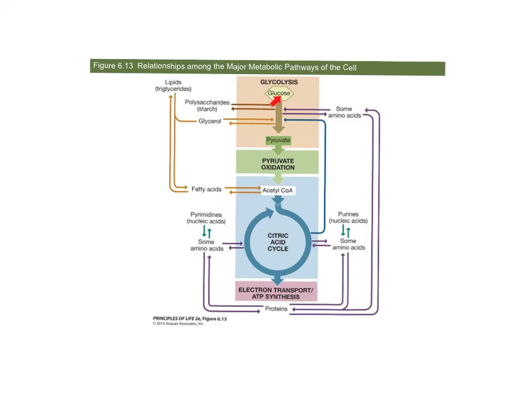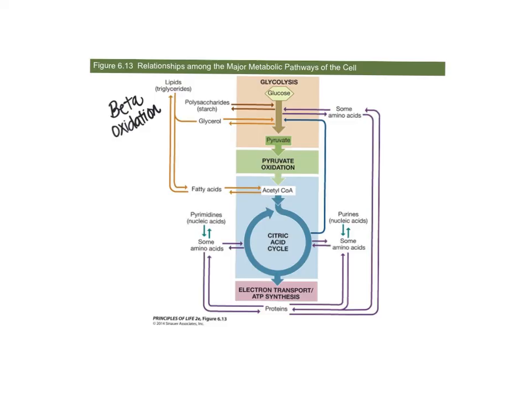You can have other types of molecules that can enter into these biochemical pathways at different points. For example, in the breakdown of lipids, a process known as beta oxidation, the byproducts can be entered in, such as glycerol or some of these fatty acids can enter in at the end of glycolysis or right after the oxidation of pyruvate.